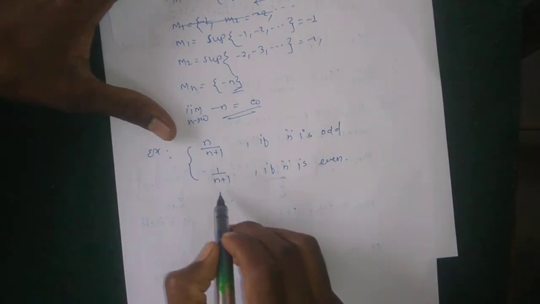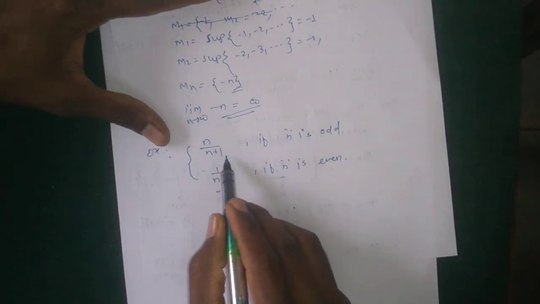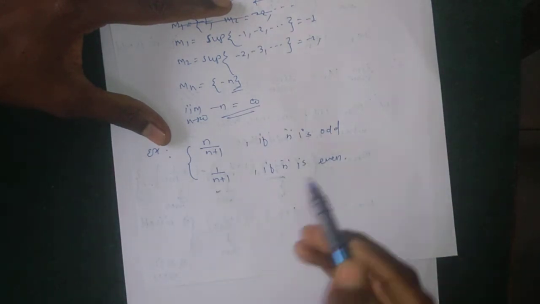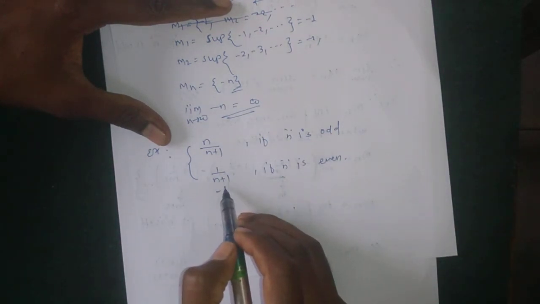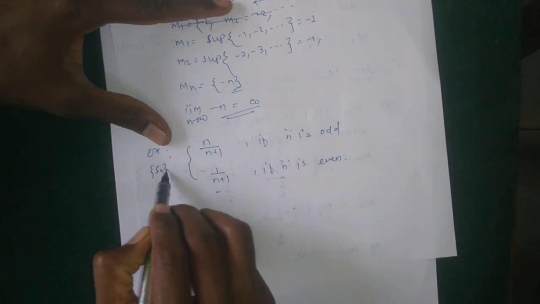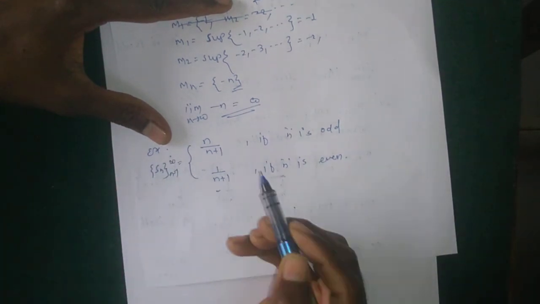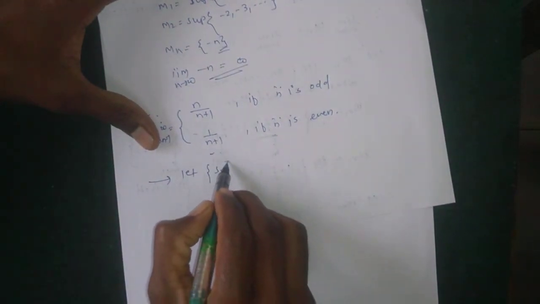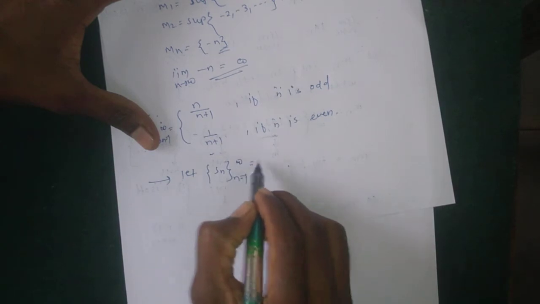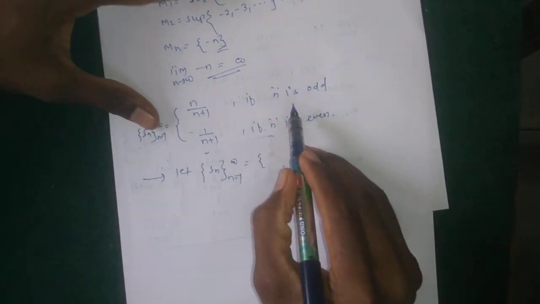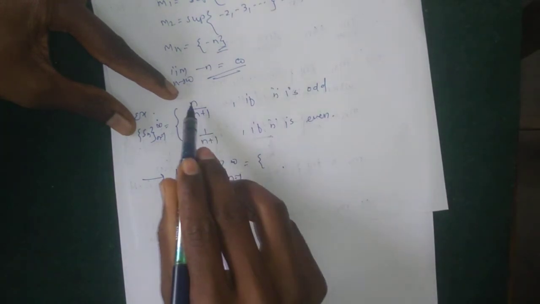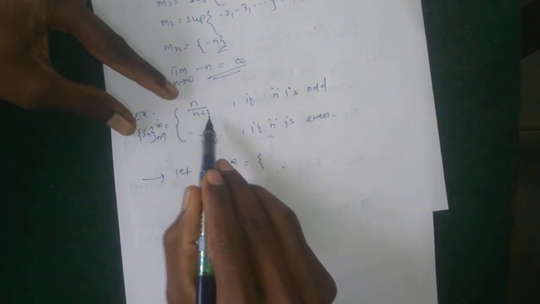So the given sequence is of the form n upon n plus 1 when n is odd, and if n is even, then the value is 1 upon n plus 1. Sn, where n runs from 1 to infinity, so the sequence Sn contains elements: if n is even, the value is 1 upon n plus 1, and if n is odd, the value is n upon n plus 1.